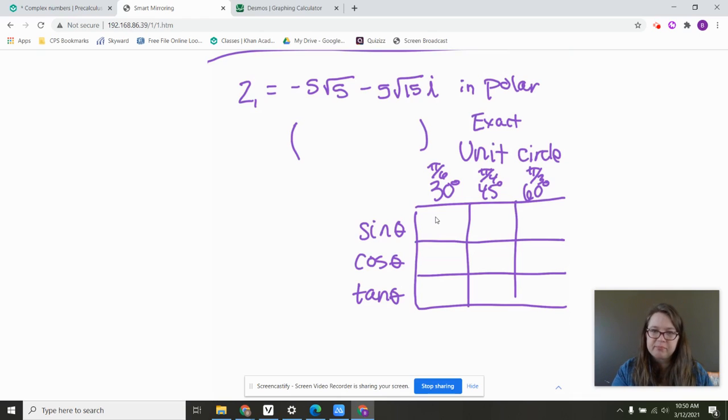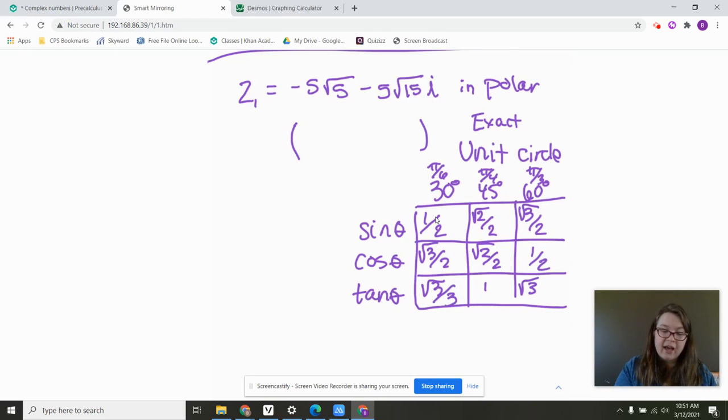It goes 1, 2, 3, 3, 2, 1, 3, 1, 3. Everything that's not 1 goes underneath a square root. Then everything in sine and cosine goes over 2. The tangent of 30 goes over 3.